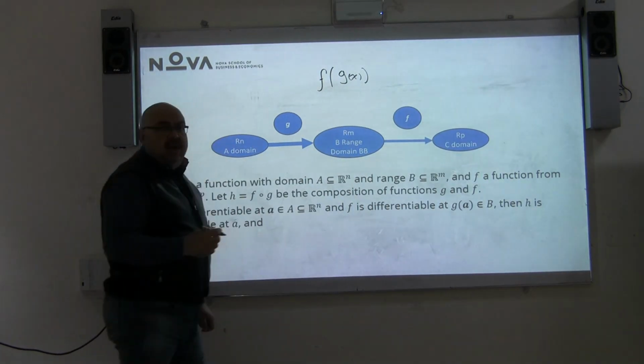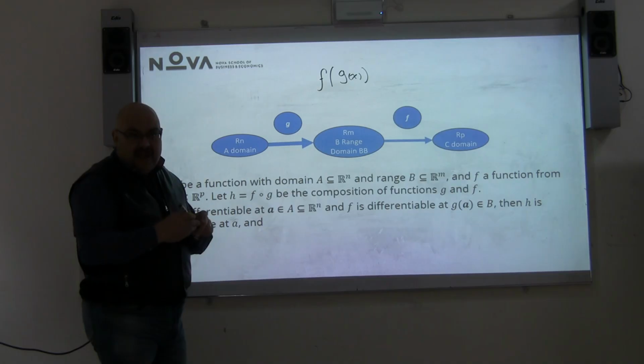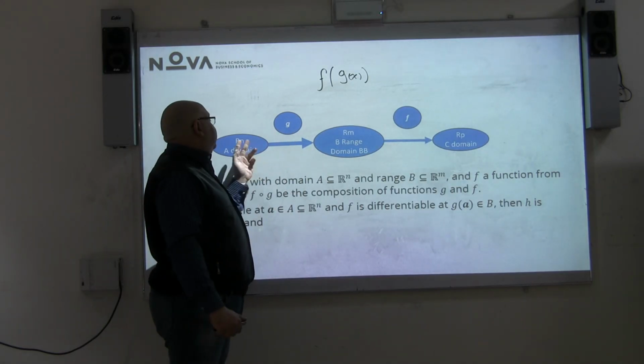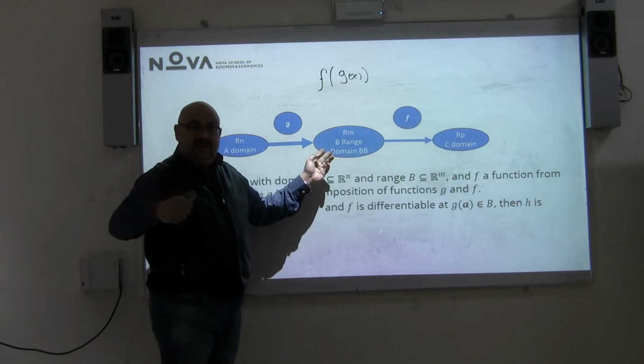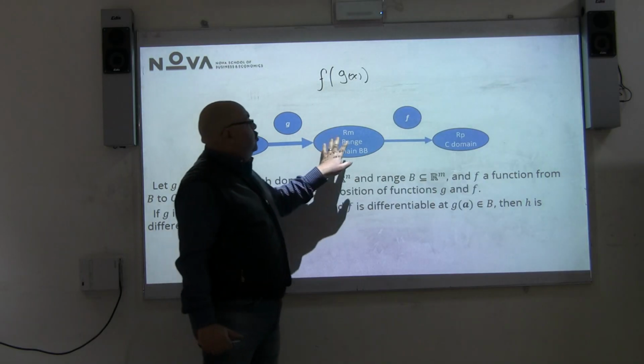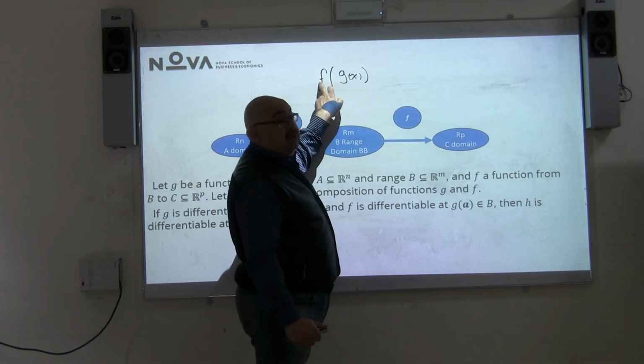This is the terminology for this case. So mainly what's happening, Omar, is g is applied, and g is going to be applied from Rn into Rn as a generalization in any dimension. And then after you have your output value, it's going to be the input of the second function, which is f.